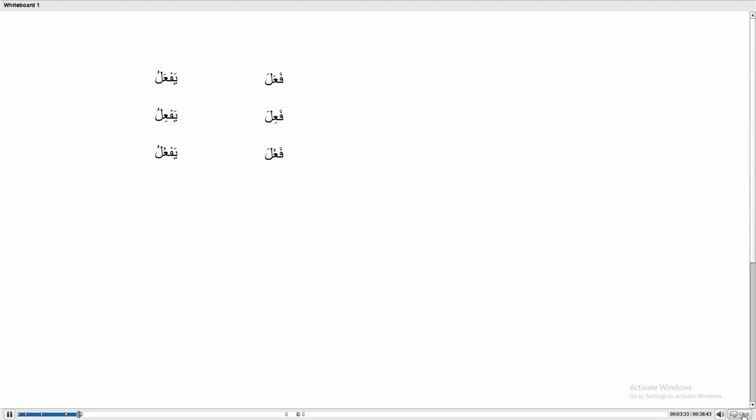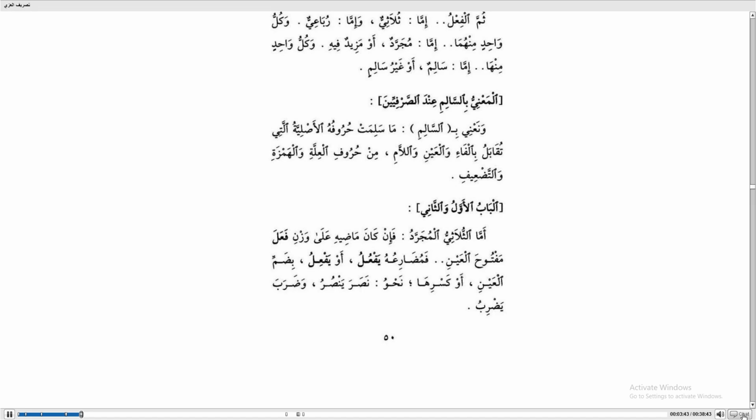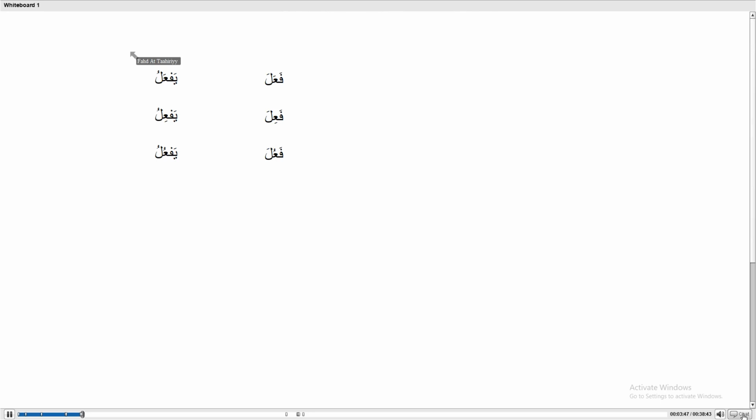واضح بارك الله فيكم. Then we mentioned that the combination is considered the chapter, because here the investigator said الباب الأول والثاني. So الباب is the chapter. Now to the scholars of Sarf, the chapter is considered to be a combination of a madi with a mudari', one of those with one of those.